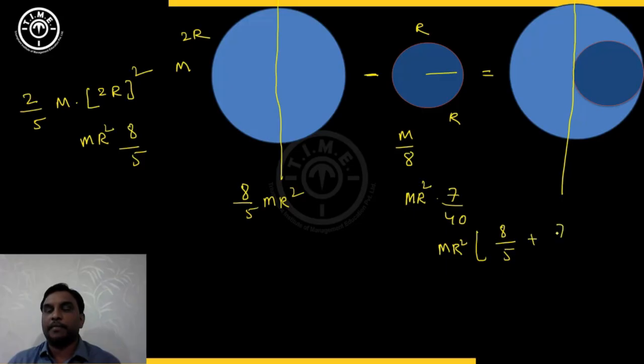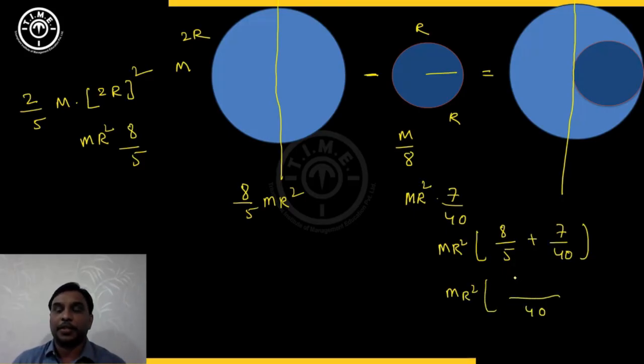Take LCM 40. 64, you should subtract, not add. This is subtract, minus 7. Right? 64 minus 7, it is 57.